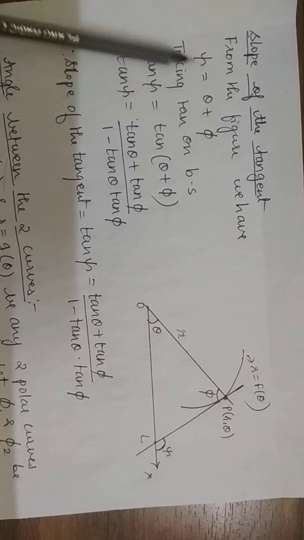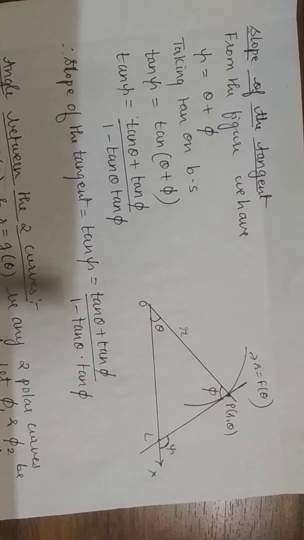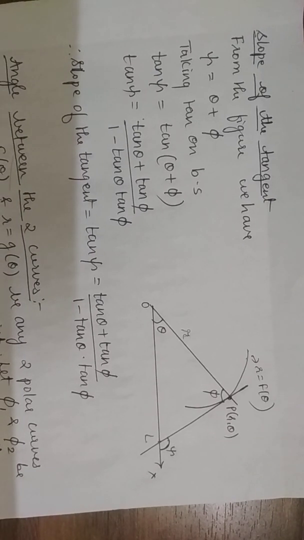We'll get the slope of the tangent. In certain cases we require this expression, so you have to know this also. If the value is not easily solved, that time we use this formula. So this is about the slope of the tangent.